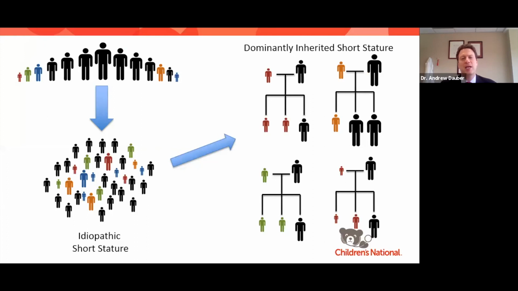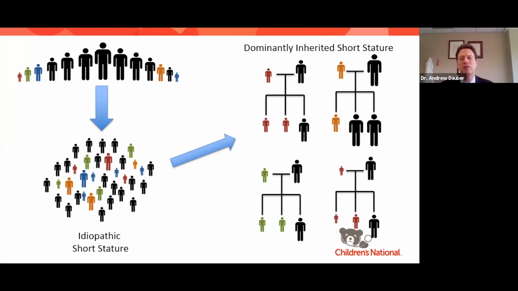So stepping back, this is my overall view of how I think about growth and the genetic causes. On our top left is the height distribution in the general population. And at the extremes of the general population, you'll find individuals, many individuals, who have that polygenic short stature, where there are lots of different genetic variants that just in aggregate are leading them to be towards the lower end of the spectrum.